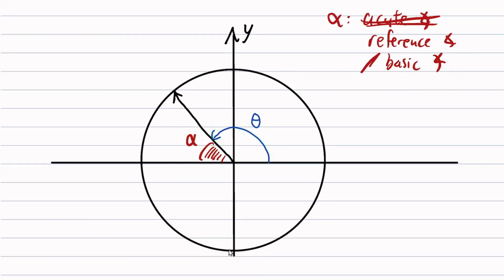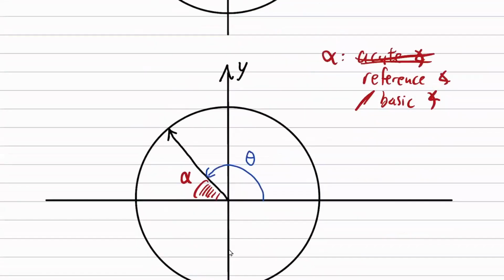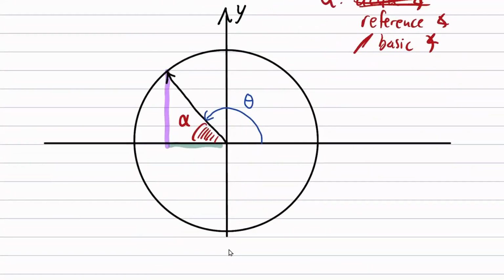I hope you also notice that there's another right angled triangle, here and here along with the hypotenuse. Let's assume the radius here is 1. So over here, you would think that it should be cosine alpha, sine alpha.